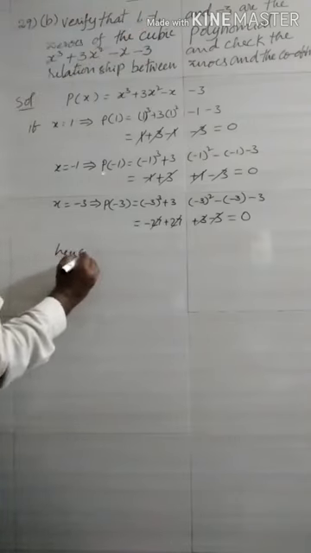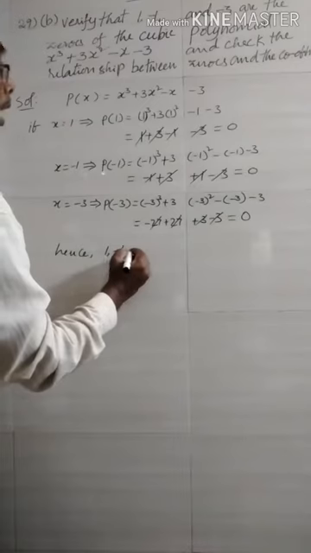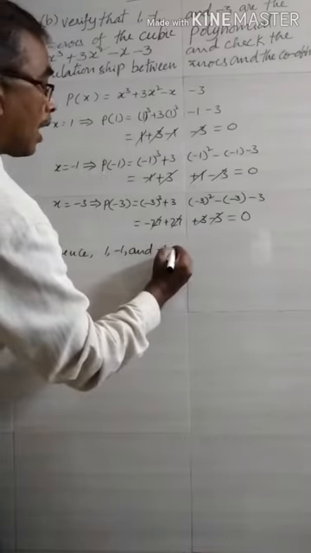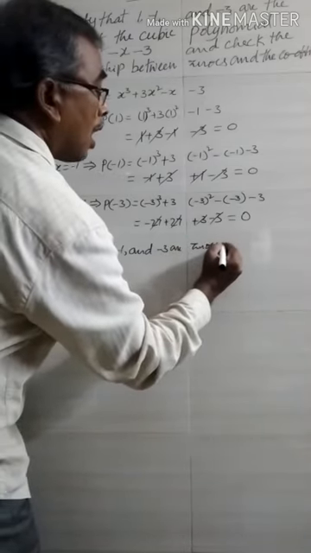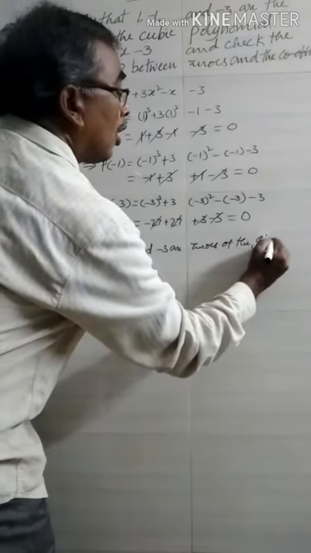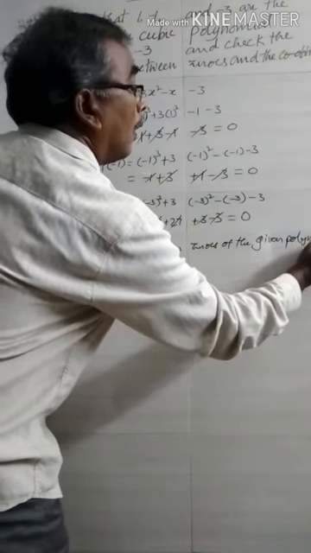Hence we can say 1, minus 1 and minus 3 are zeros of the given polynomial. Okay. So one part is over.